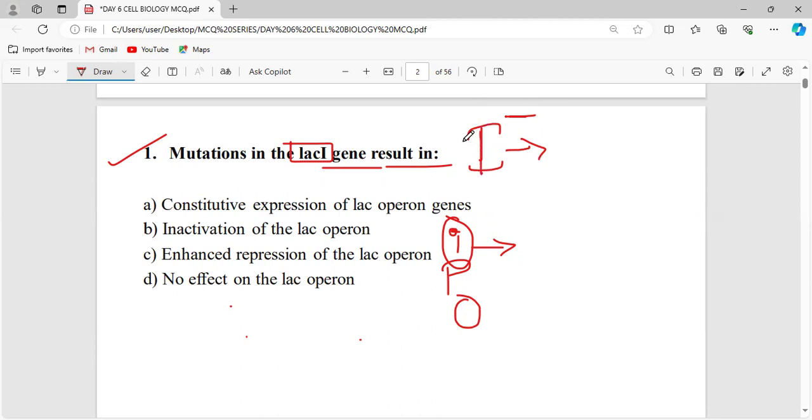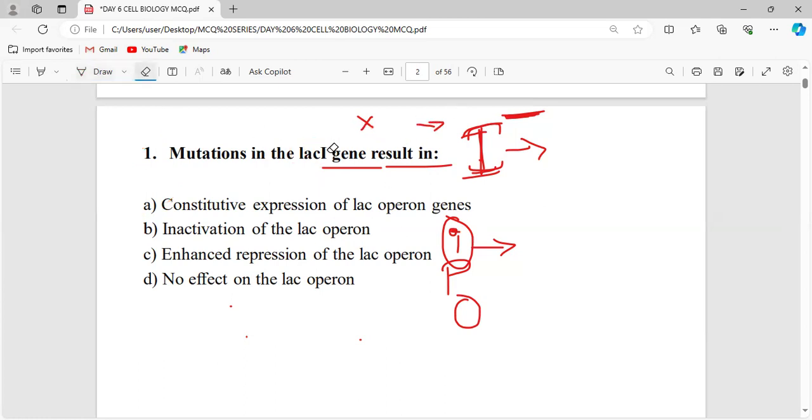Okay, see, whenever the inducer is mutated, the operator will never close. So if the operator is not closed, the lac operon will be continuously activated. Okay, so the inducer is always going to block the operator. As this inducer is mutated, this operator will never close and the operon will be continuously turned on. So constitutive expression of lac operon genes will happen. Okay, any doubts with respect to this question?